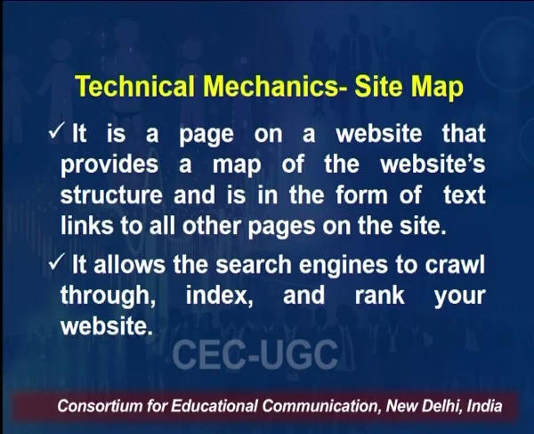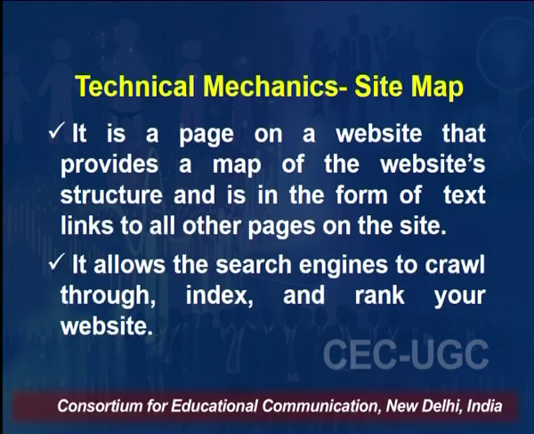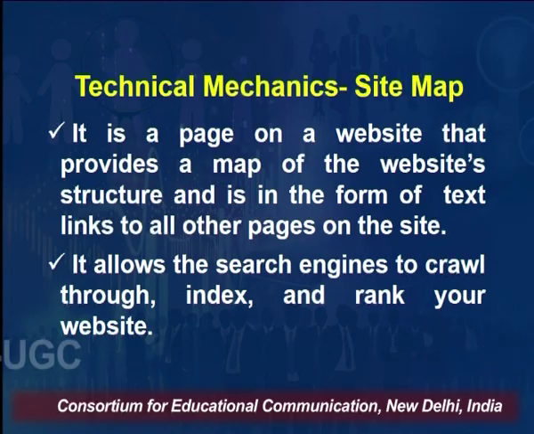So you will be having a site map which is going to give you the navigation of text in the form of links to the other pages of the site. So it allows the search engines to crawl through, index and rank your website, just like you have a geographical map. We used the term in the site structure which was breadcrumb navigation.